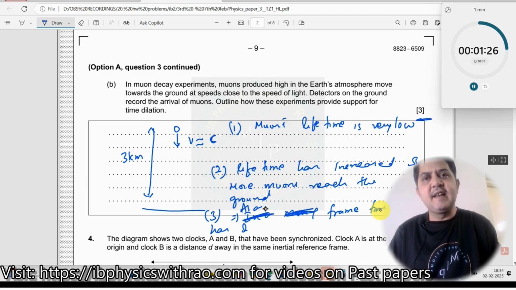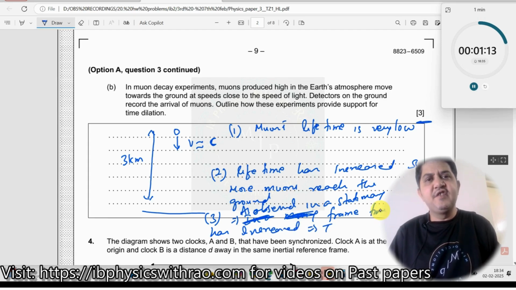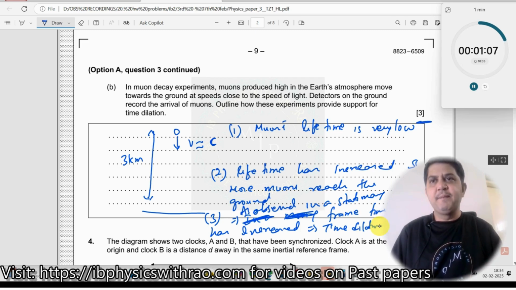Write it like this: as observed in a stationary frame, time has increased. Time has increased, which means it is nothing but a case of time dilation. This is a case of time dilation. Okay, so with this we come to an end to this particular problem.